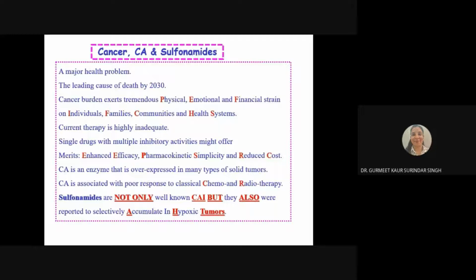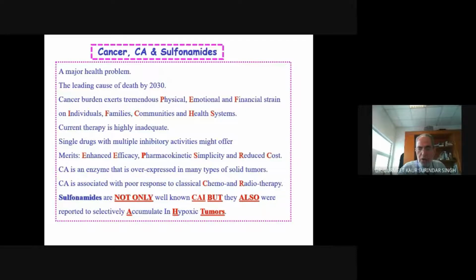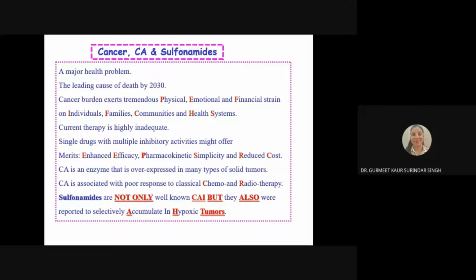Some literature claimed that sulfonamides concentrate on solid tumors, but not on normal tissues, or not to the same extent. So if sulfonamides are able to inhibit specifically carbonic anhydrase 9 or carbonic anhydrase 12 without affecting other isoforms, this will be very good, avoiding many serious side effects which could be obtained from such a chemical compound.